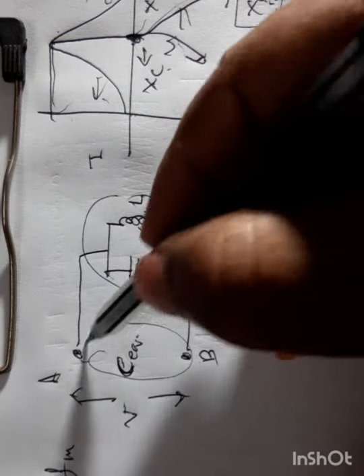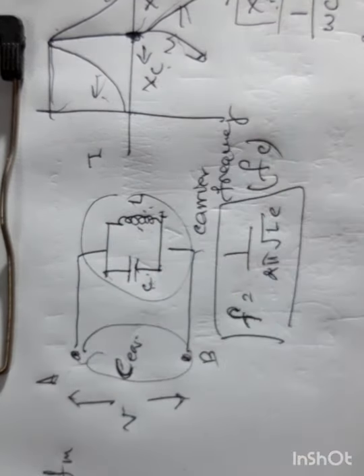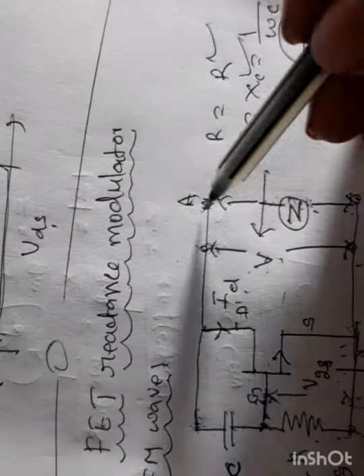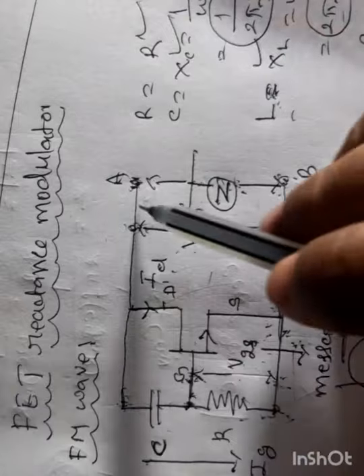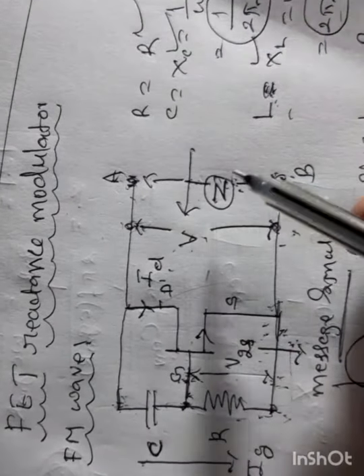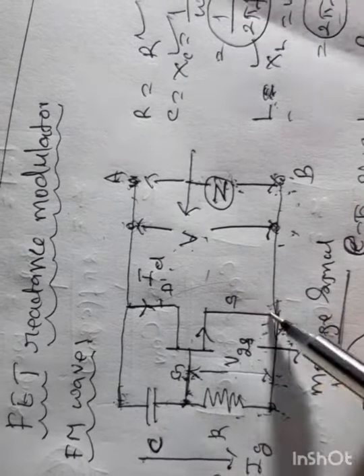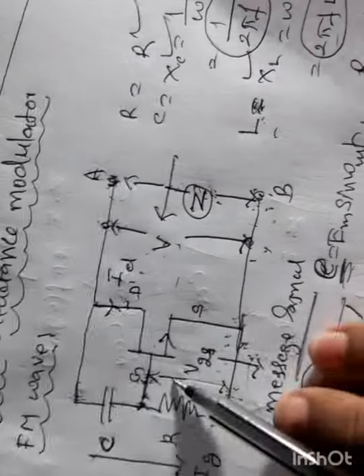Here the C equivalent depends upon, how does C equivalent depend? The output is a capacitive reactance. This capacitive reactance depends upon the drain current. The drain current depends upon the input voltage applied here, that is the message signal.